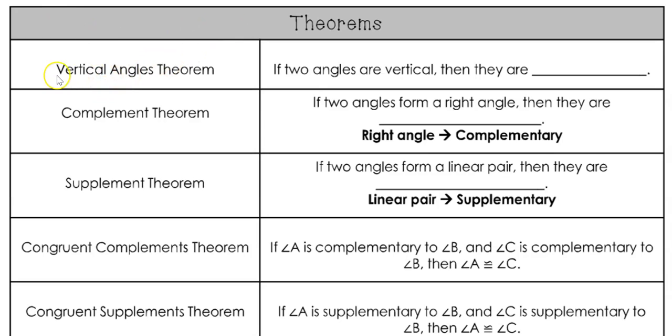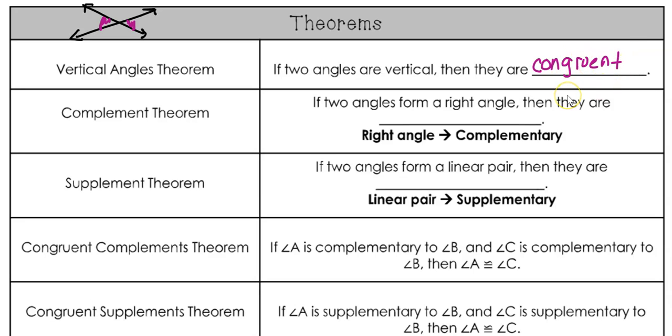So we have vertical angles, and you might be familiar that vertical angles are two angles that are across from each other at an intersection. So here and here. And if you have vertical angles, then they are congruent.